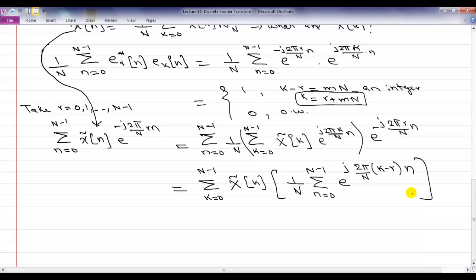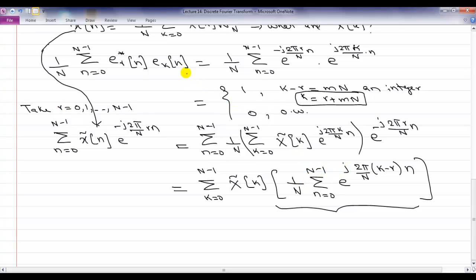Now, by the property that we have discussed earlier, this whole thing will be non-zero only for the case when k equals r. I'm fixing my r.